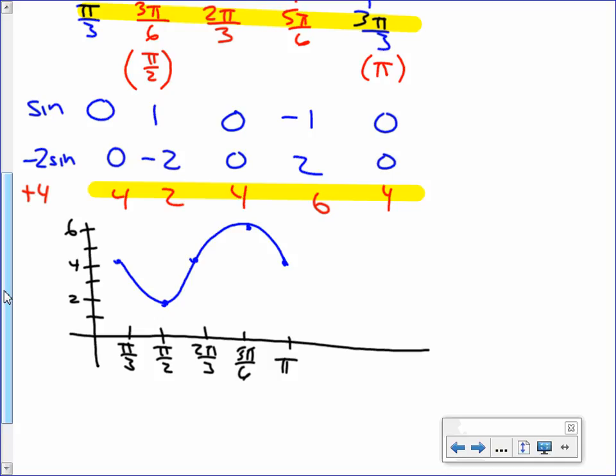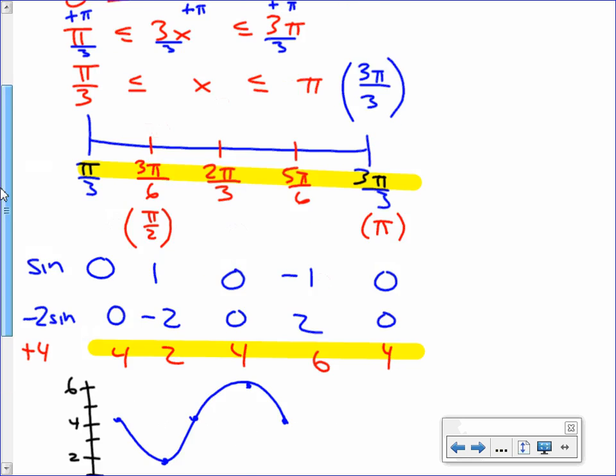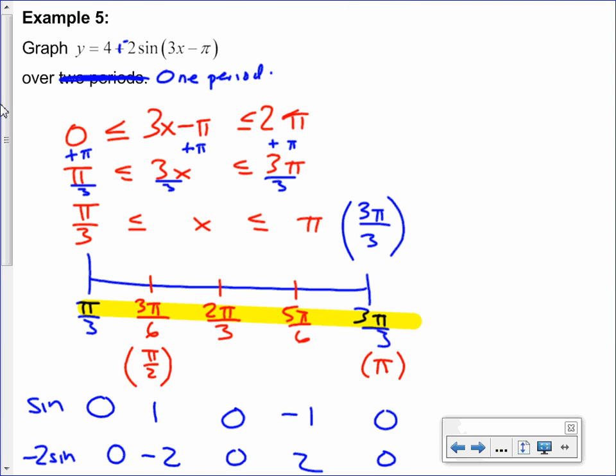You could tell that from the plus 4. All that did was move it up 4, and since there was stuff inside the parentheses, it also shifted it a little bit. Really quick, what's the period? What's the B? It's 2 pi over 3.